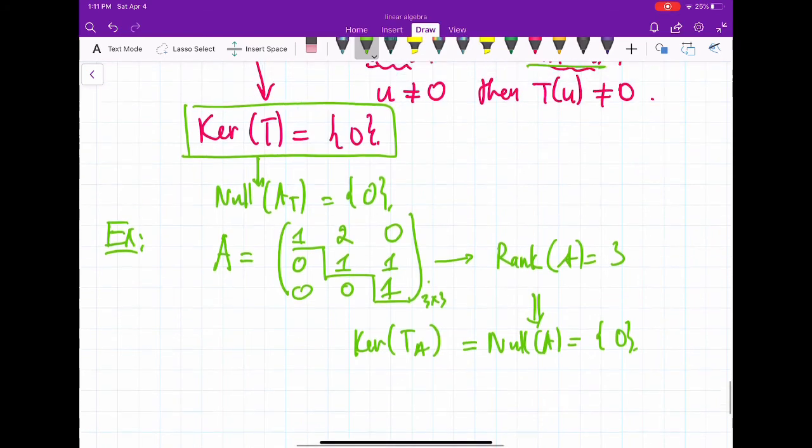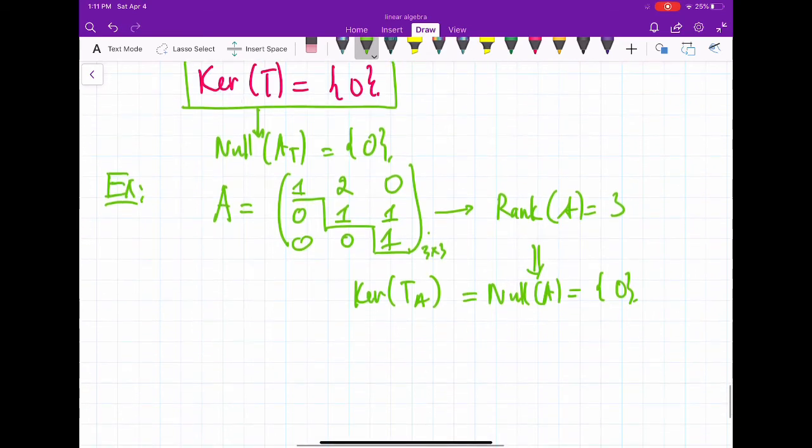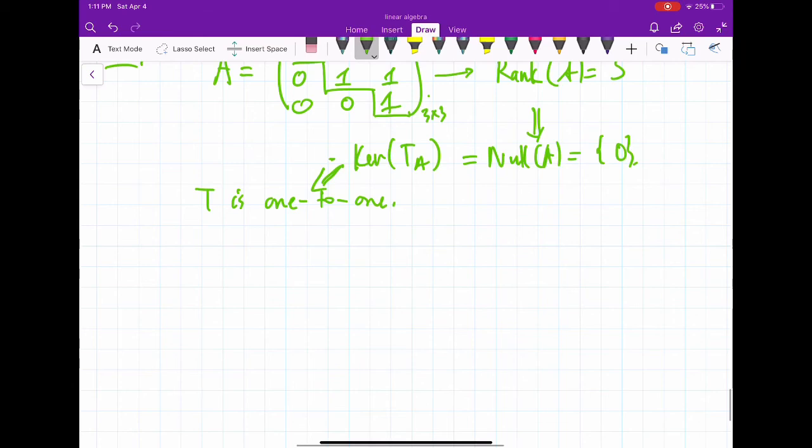So if the kernel of T is 0, T is one-to-one. Makes sense? So if they give you a T, you can find the matrix of T, and then you consider that, okay?